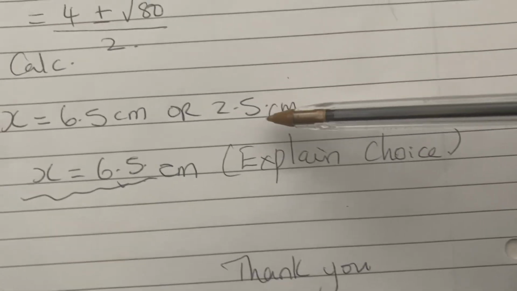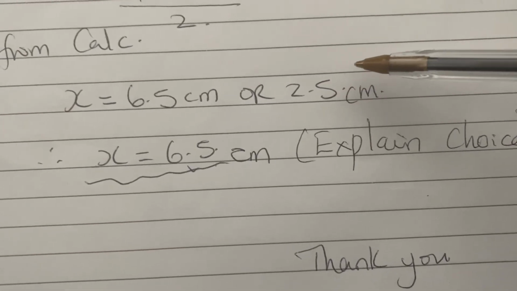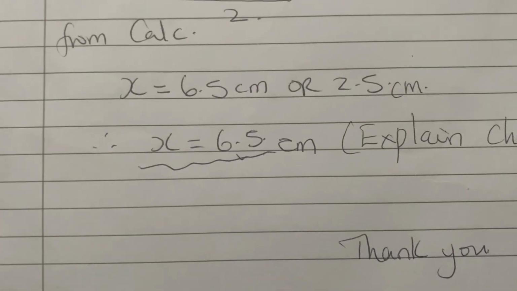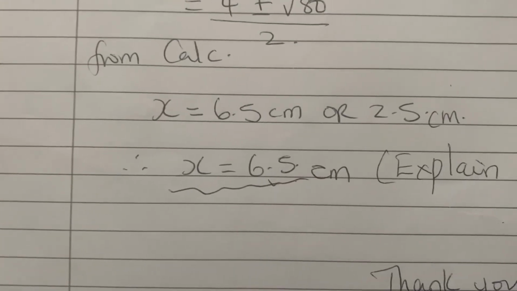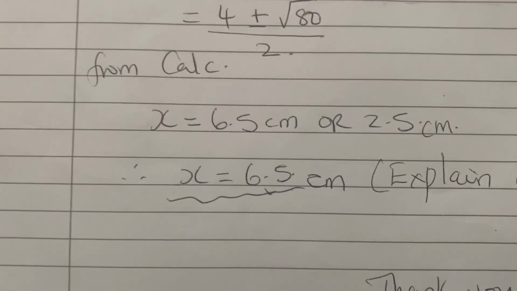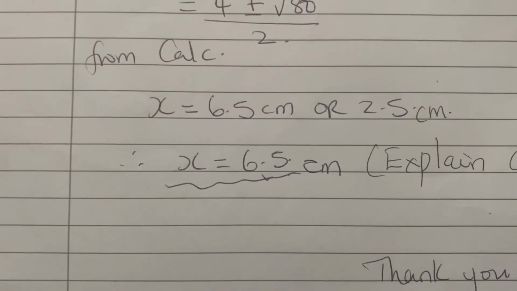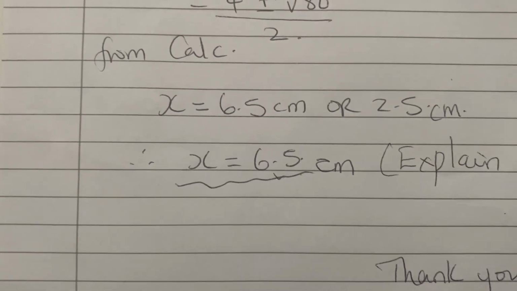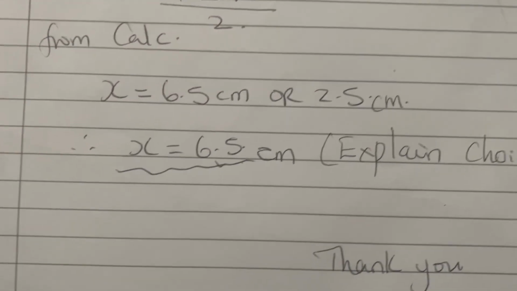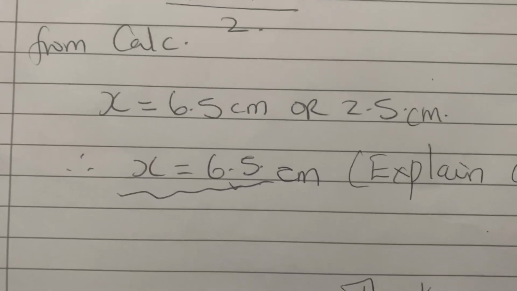Because if I choose 2.5, it means that I'm not really thinking about the question as a whole. I'm just choosing anything, and some questions are testing my ability to think through these things.